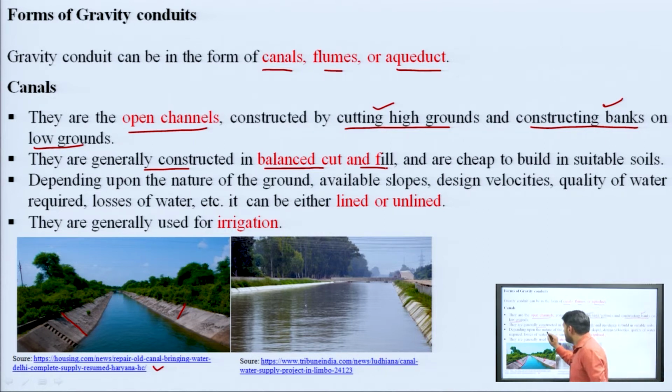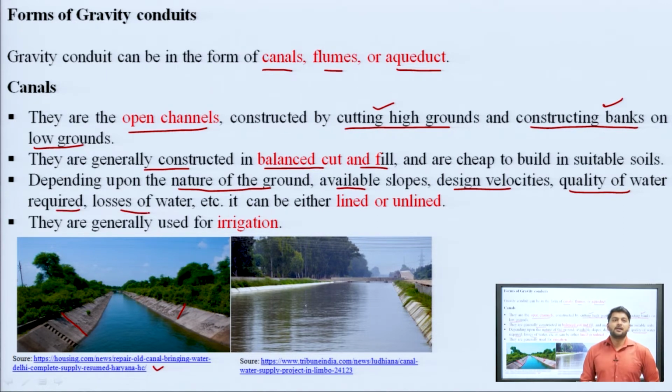Next, depending upon the nature of the ground, available slopes, design velocities, quality of water and required losses of water, a canal can be either lined or unlined. So, what is the difference between lined and unlined? Basically, in a lined canal there is a protective coating on the surface of the canal.